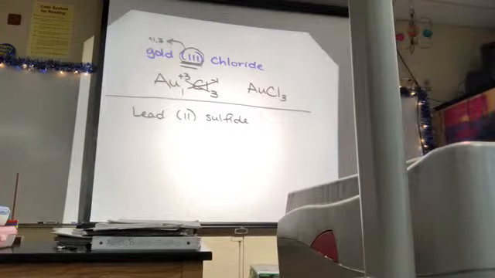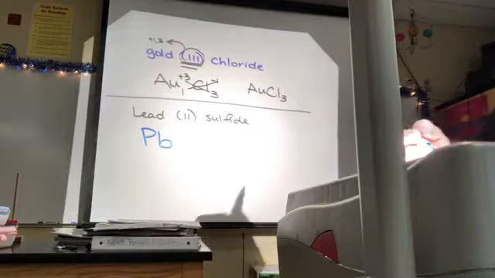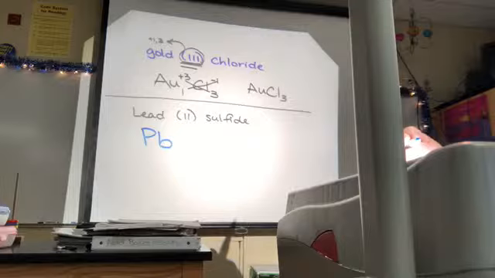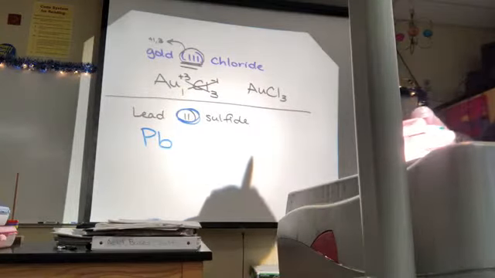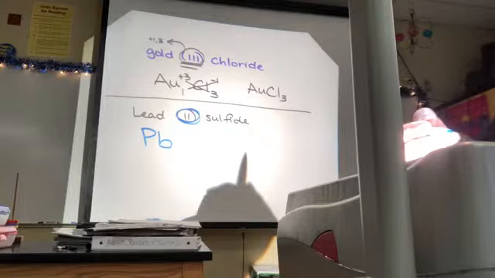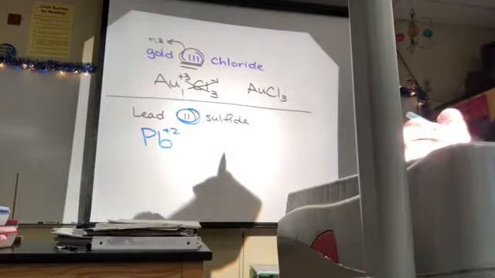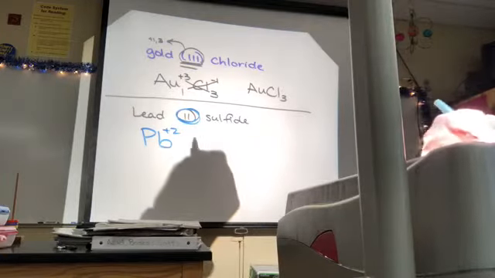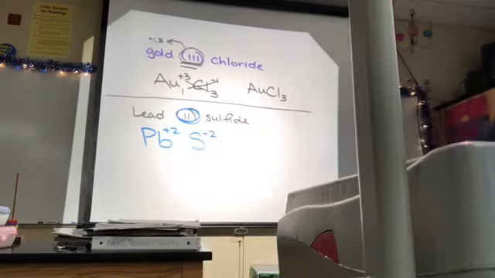What's lead's symbol? Pb, sorry, yeah, Pb. And what's the charge going to be on lead? +2, right here. See this? You don't even have to look it up. It tells you what it is, doesn't it? So +2. And what's sulfur's symbol? S. And what's sulfur's charge? -2. So I crisscross my charges.